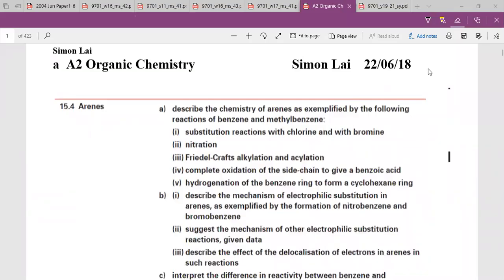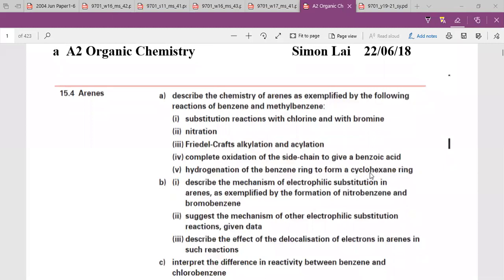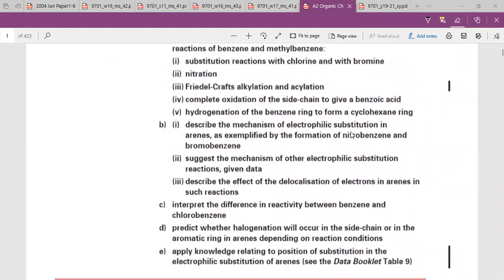Alright, today we're going to do part 2 of Arenes. We have talked about the structure. Today we're talking mainly about the reactions, and the main mechanism is electrophilic substitution. I'll show you.